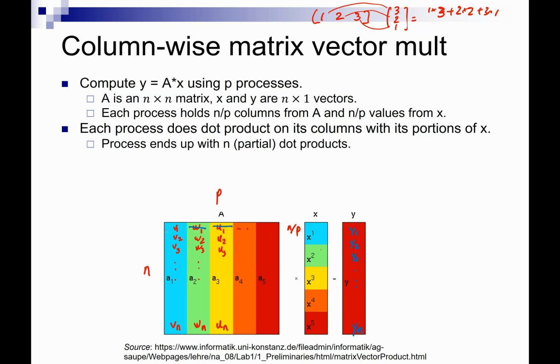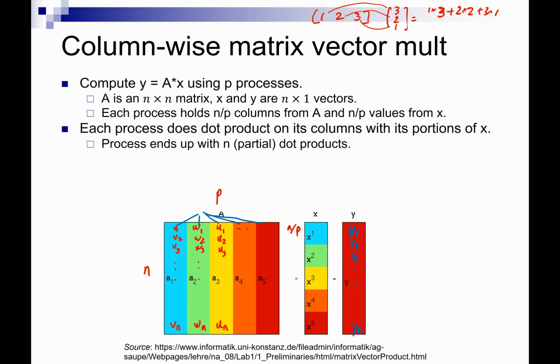So what we want to do is add up all of these values: the v1 plus the w1 plus the u1, plus all of the first row values from all the processes. When you add them up, that sum equals y1.